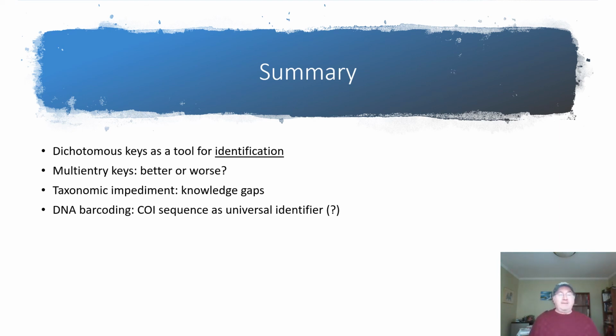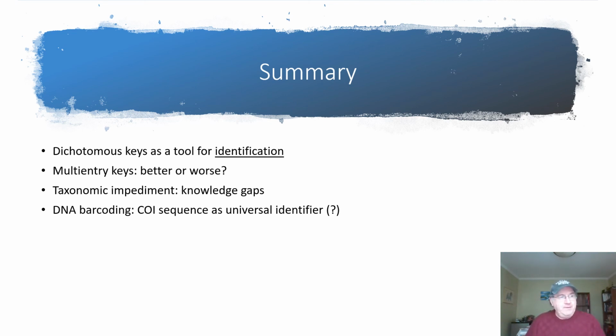That's not to say that things like multi-entry keys don't have a place, don't have value. They can, and the two worlds can be combined. You can create from the same data set both a dichotomous key and a multi-entry key. It doesn't have to be one or the other. It can be both.